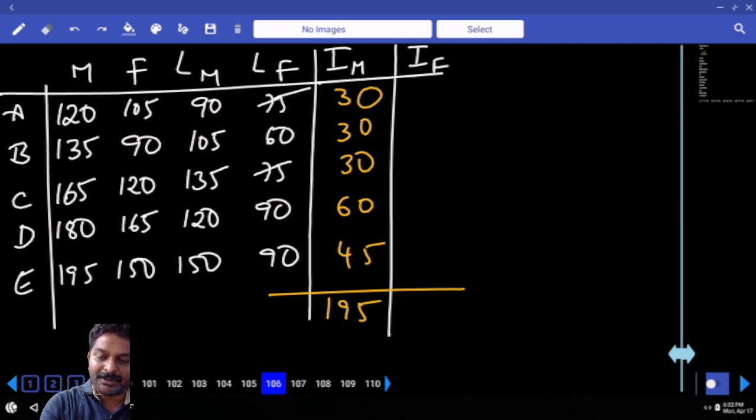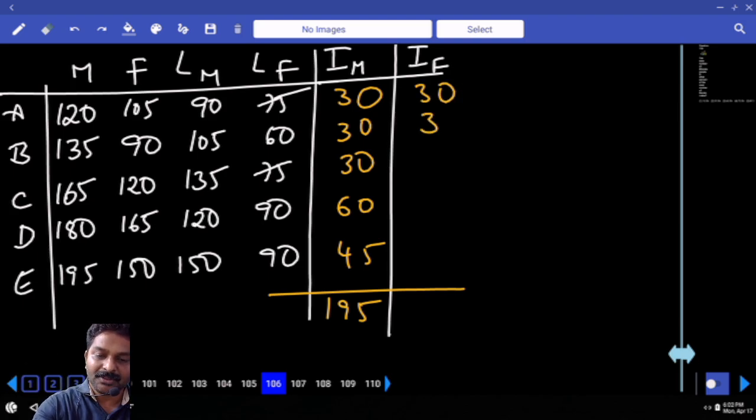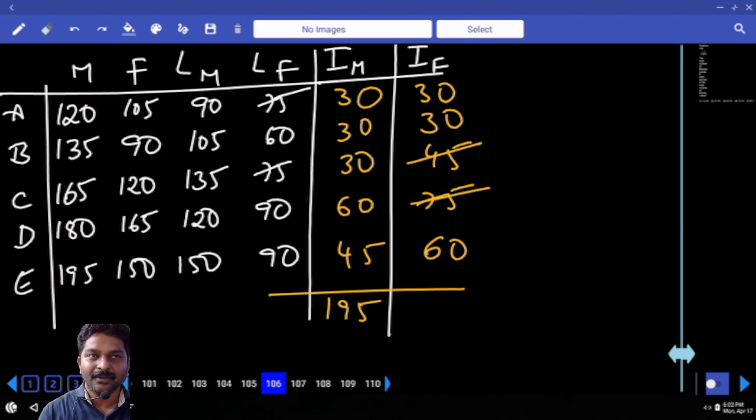Followed? Now regarding female, the difference of these two we need to consider, correct? Tell me the numbers. 30, 30, 45, 75, 60. Following? 30, 30, 45, 75, and then 60. 45 plus 75 is 120. 30 plus 30 is 60, plus 60 is 120. 120, 120, 240.